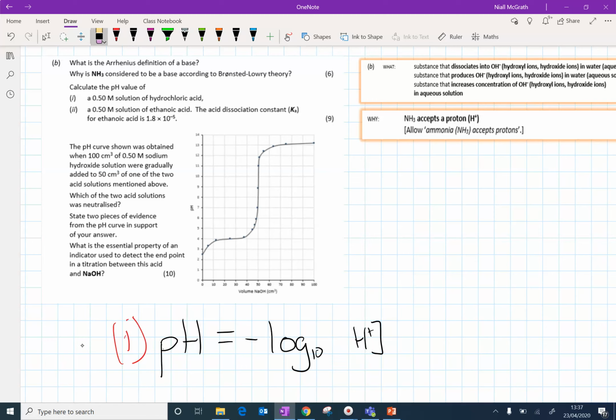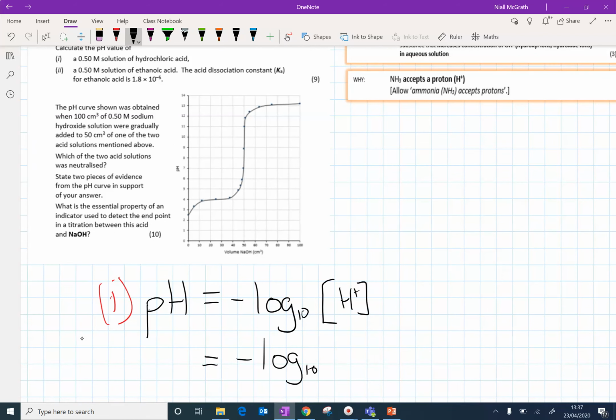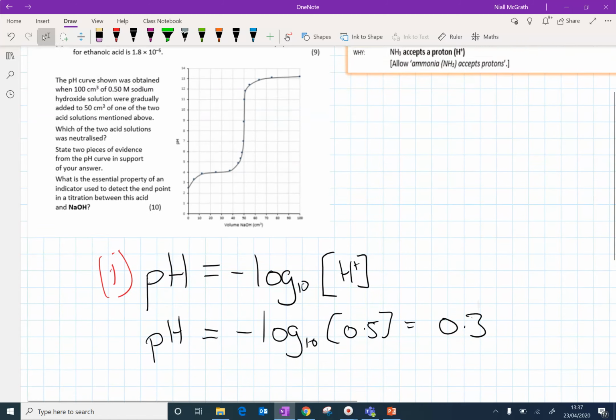Make sure we have our square brackets, otherwise you'll lose marks. So that simply is just going to be minus log of 0.5, and the answer we get is 0.3. So the pH value of our hydrochloric acid is 0.3.